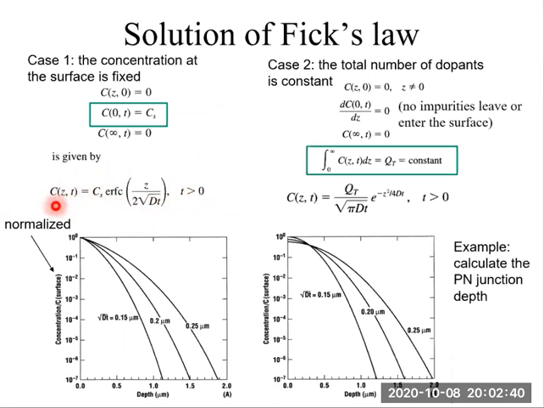C, which is a function of both z and t, is equal to CS, the surface concentration, times erfc. ERFC stands for complementary error function.